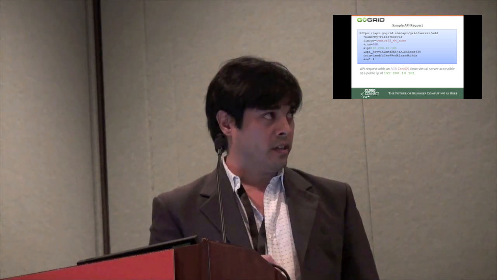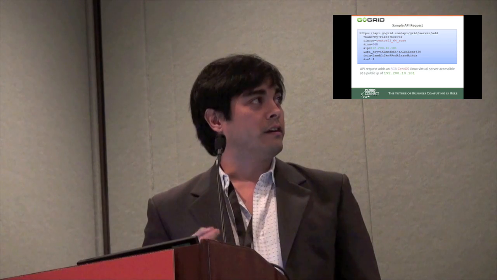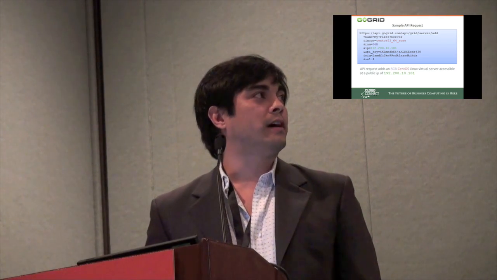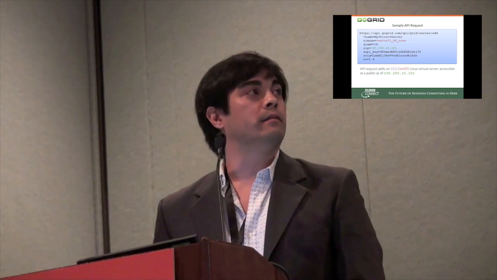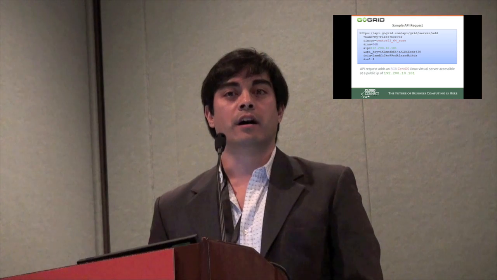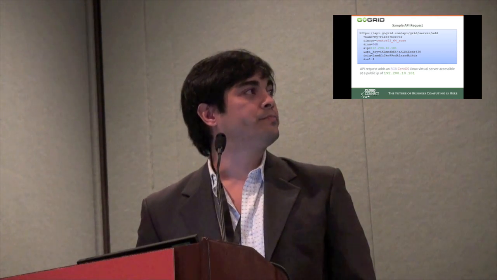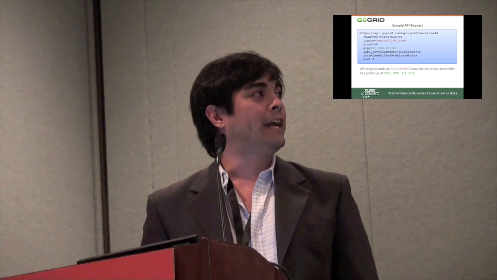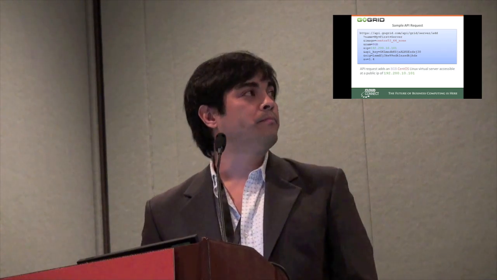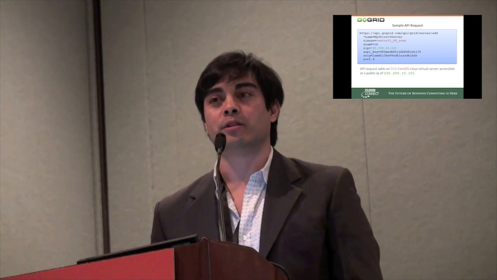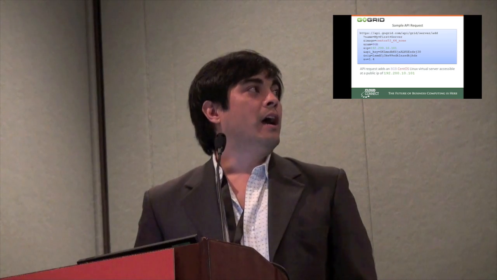The URL itself specifies the method. In this case, a grid server add, so we're adding a virtual server. You specify a handle for it, which is a friendly name. In this example, it's called my first server.